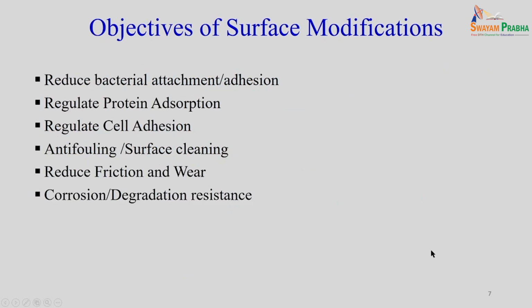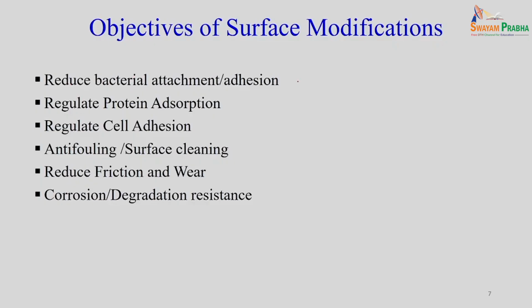So, starting from this, now we can list the different objectives of surface modifications. I have listed a few here. To reduce the bacterial attachment, adhesion, or biofilm formation. To regulate protein adsorption, because protein adsorption further regulates the cell surface interactions.